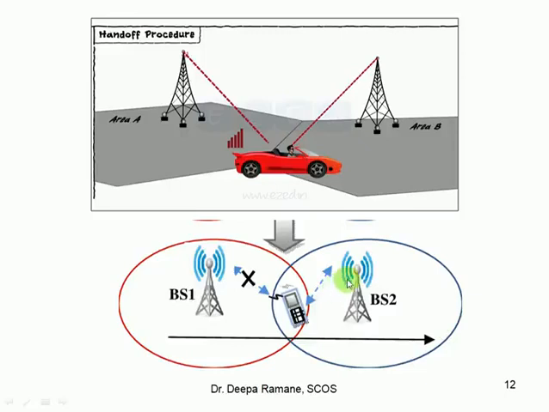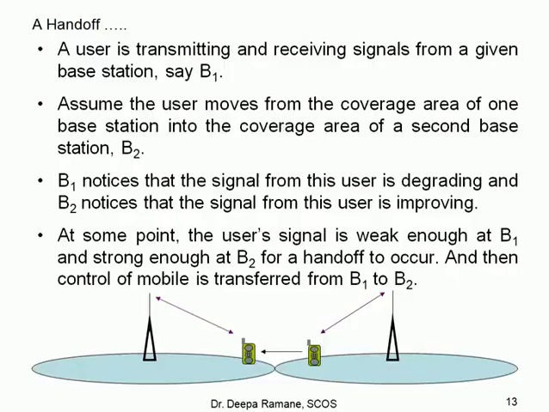So BS2 will receive the signals from this mobile and will provide all the facilities or controls to this mobile. This is what is happening in your handoff technique.